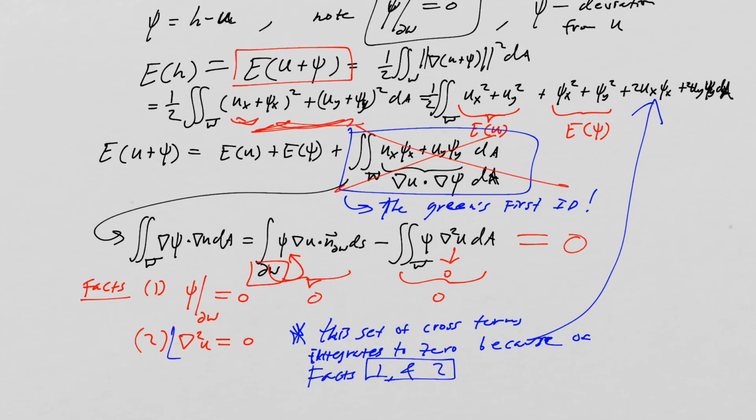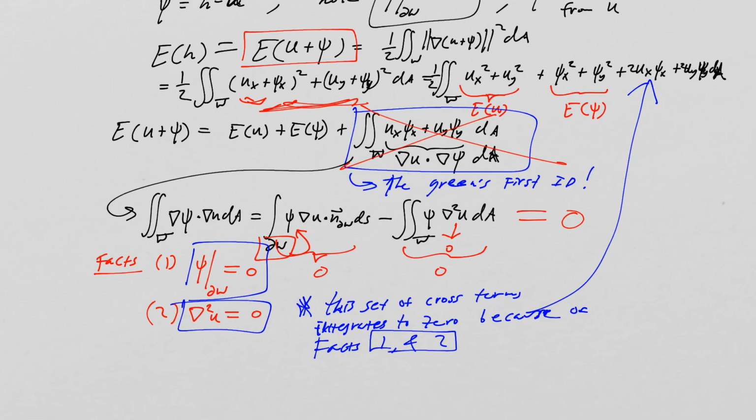Okay, so you need them both. We need u to be a solution of Laplace's equation, and we need our correction term to have 0 boundary condition. So we have both of those, and so we're fine.